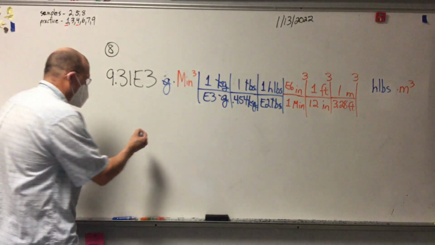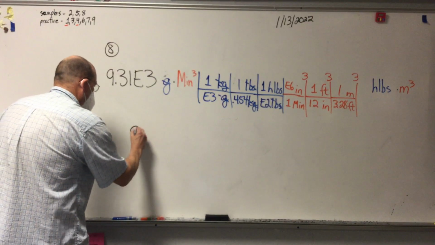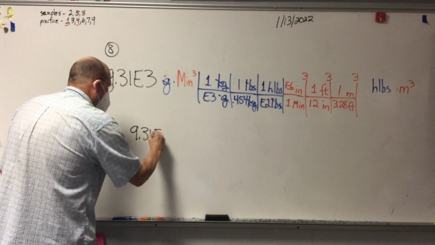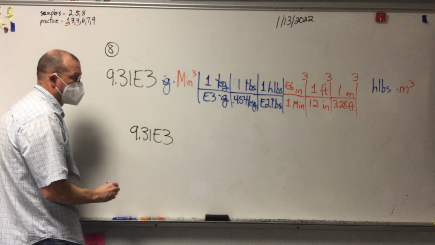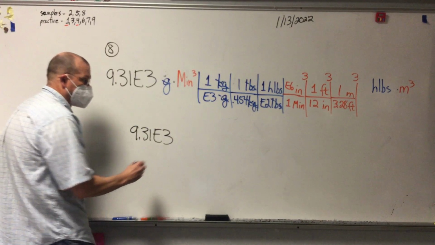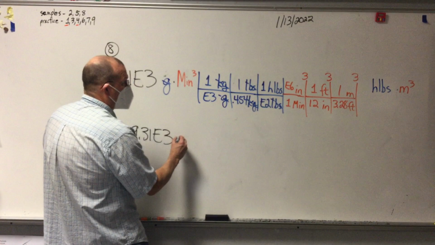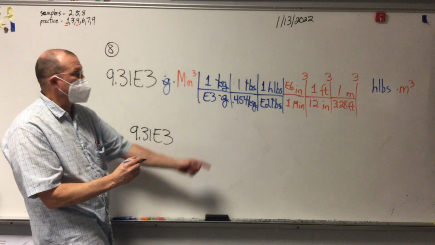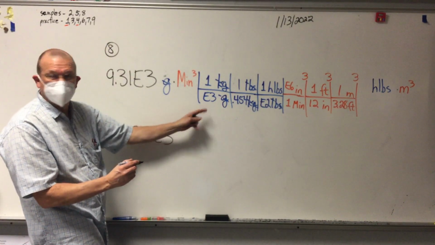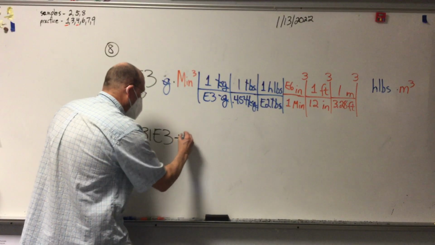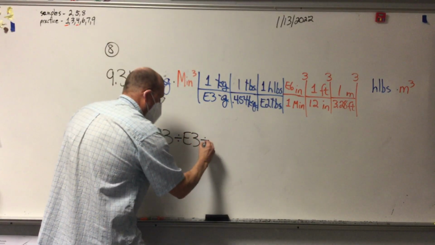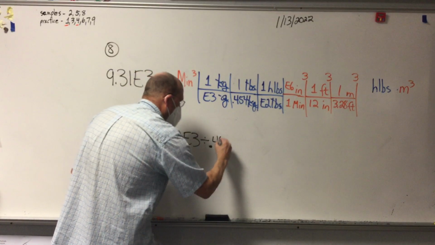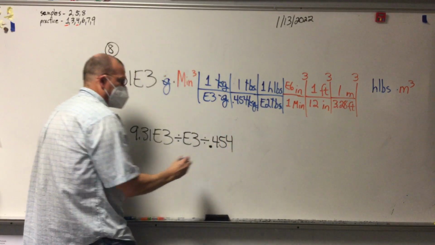Okay, Michael. So you start with 9.31 E3. Divided by E3. Then divided by 0.454. Then divided by E2.